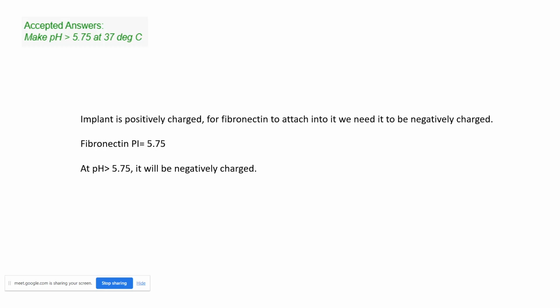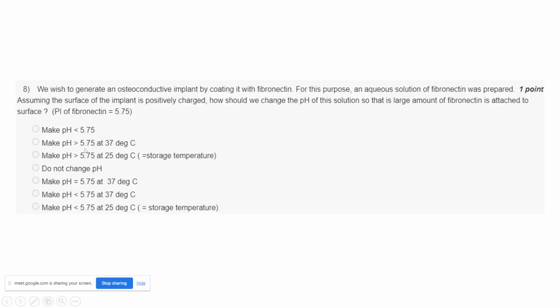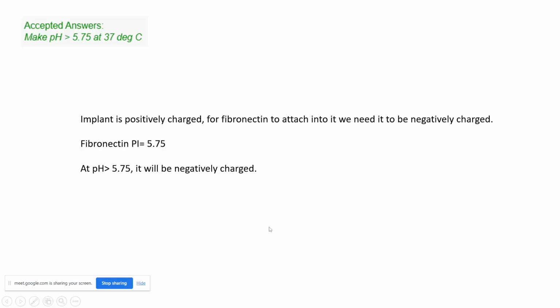But if you increase the pH more than 5.75, more OH minus ions will be in the solution, and so it will remove the positive charge from your protein. Then your protein will become more negatively charged at pH more than 5.75.